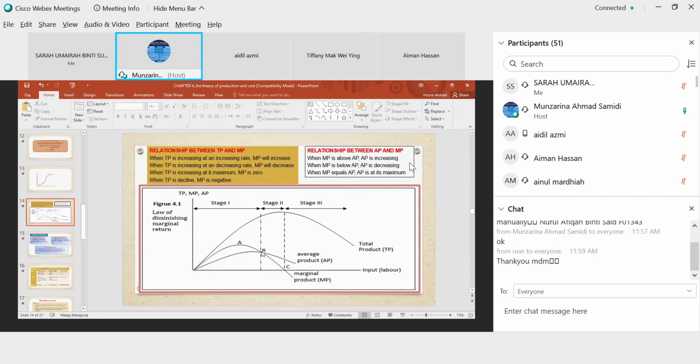So the amount of labor is here. And you should remember, every time we say marginal and total, marginal is the slope of total.